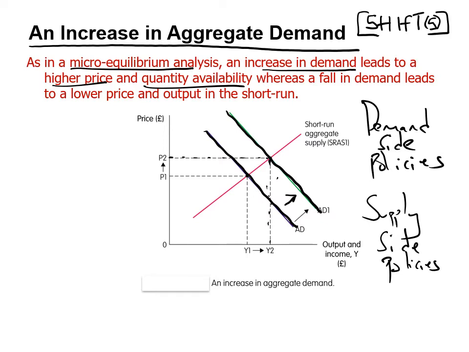Say we have an increase in labor supply, or improvement in technology, or increase in investment. So anything trying to affect these, labor supply, technology, or investment, would affect the supply side of things, would affect our short run aggregate supply. Okay, and those are supply side policies. Good.